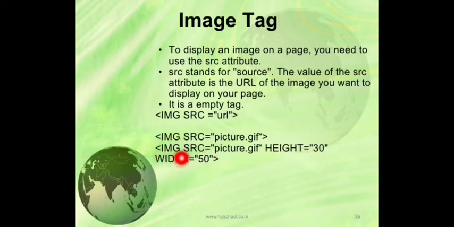IMG space SRC equals to the picture name with extension, then again space, the second attribute is height with its value, then again space, and width equals to 50 in double quotes. Got it? Here there is a space, and as there is no space here, that is why this line has come here. So you have to write in the same line, and if there is no space it will automatically come down.